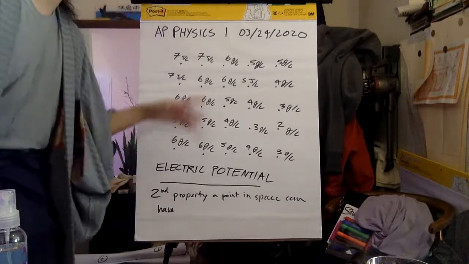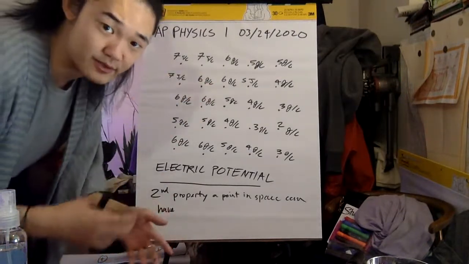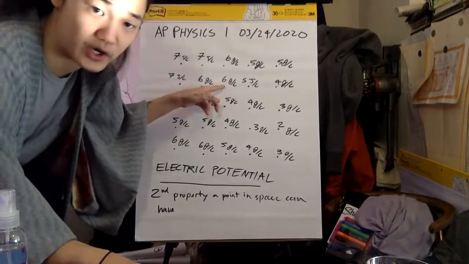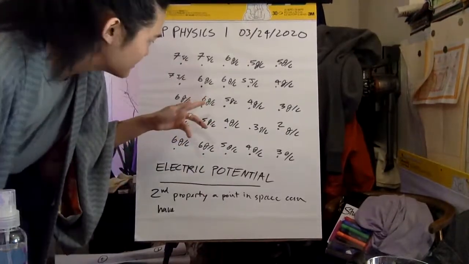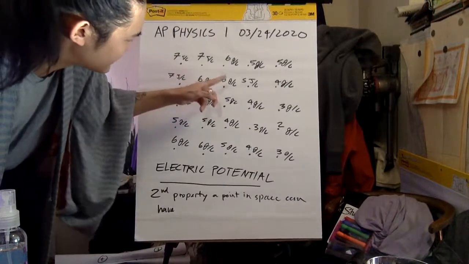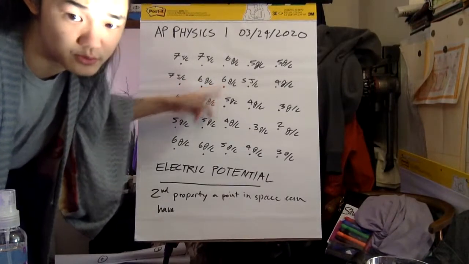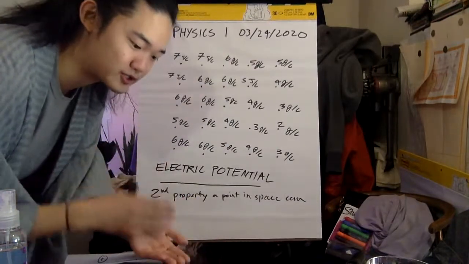If I say my electric field there is 6 newtons per coulomb, that's a really real thing. That means if I place a 2 coulomb charge there, it'll experience a 12 Newton force at that point. Now, if I place a 2 coulomb charge here, where the electric potential, not the electric field, is 6 joules per coulomb, it doesn't do anything yet. I don't care about electric potential.